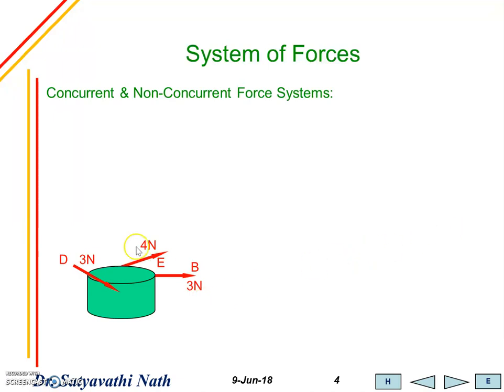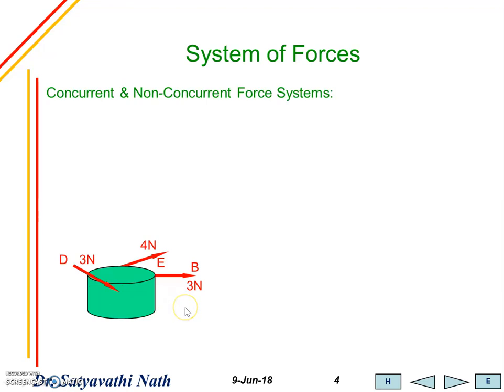Now let us see about concurrent and non-concurrent force systems. If the forces acting on a body are meeting at one point, then we can call the force system as concurrent force system. So tell me, in this diagram, the forces are concurrent or non-concurrent? How can we judge that?